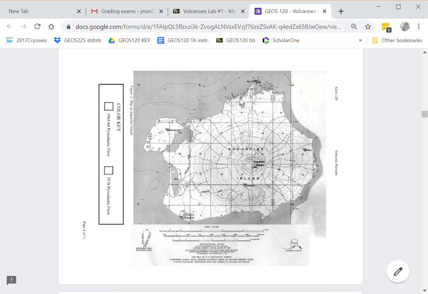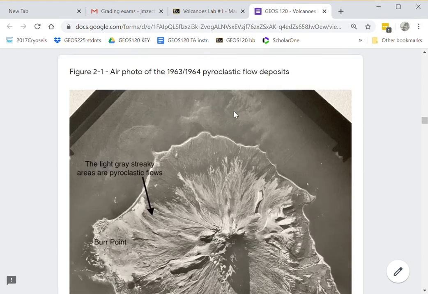There's a question that has a lot of maps showing pyroclastic flow deposits. It's going to ask you to use some satellite and aerial photos to annotate this map here to show where the edges of these pyroclastic flow deposits are. So you have this image.